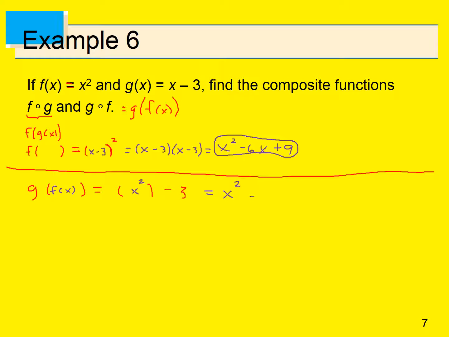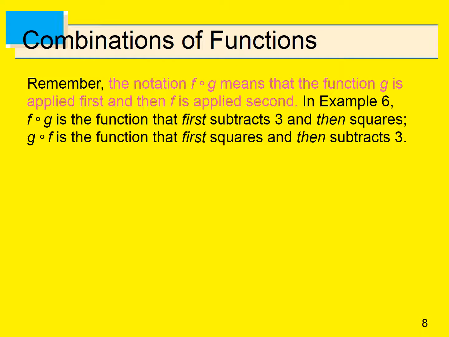But now what is the thing? The thing is f, and f is x squared. And so g composed with f of x is x squared minus 3.